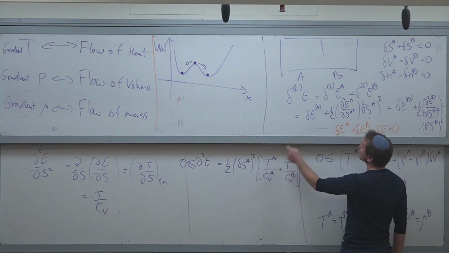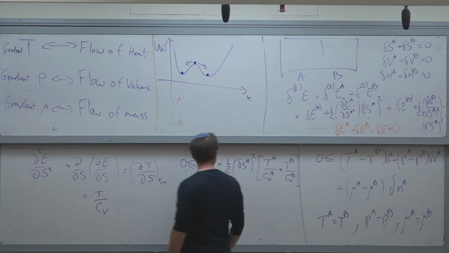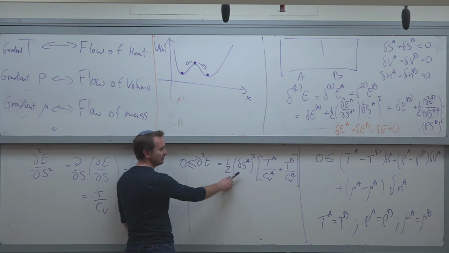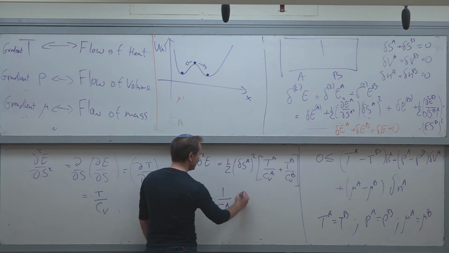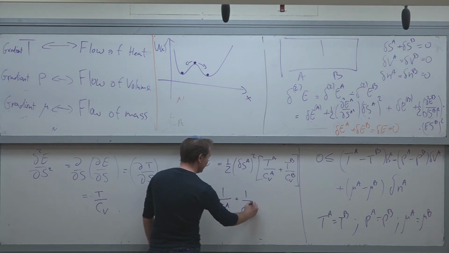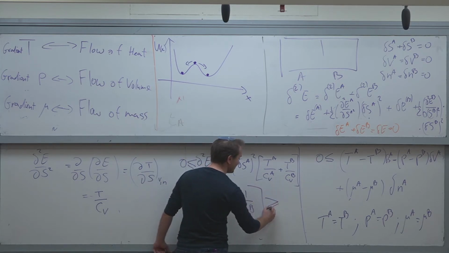Now, TA, we already know that TA equals TB. Okay? So what we have, this guy is positive, this guy is a squared of something, so it's positive. So we have 1 over CVA plus 1 over CVB, always positive.